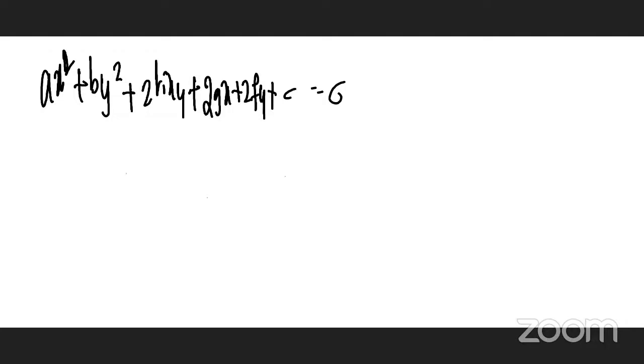So in order to delete the first order terms, that is 2gx and 2fy, the origin has to be shifted.